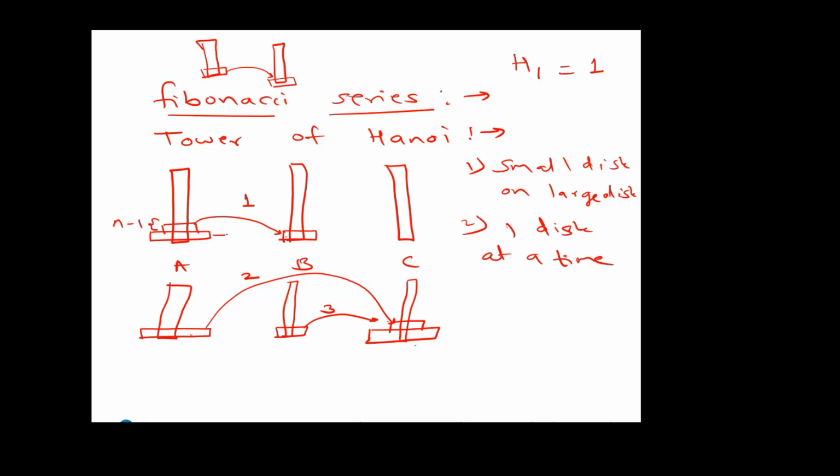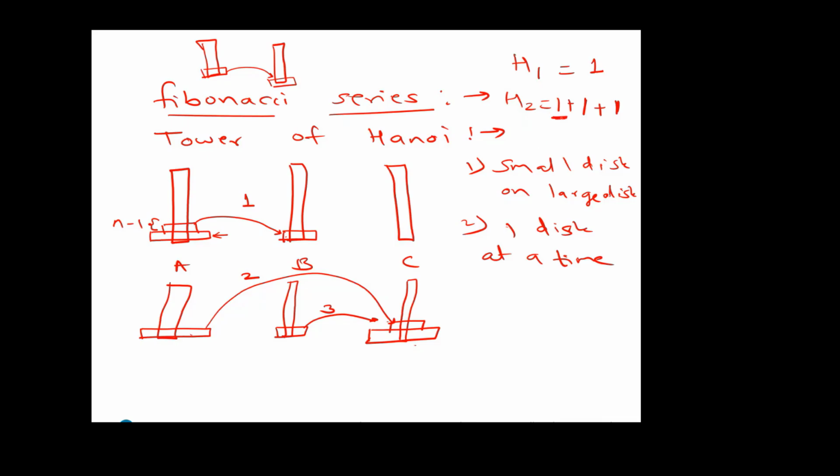Then you have to move the largest disk from A to C. And then you have to move those n-1 disks again on top of C. Meaning that if we are talking about the smallest disk, that is my n-1 disk. Once I moved it from A to B, then I moved the largest disk, then I moved the smallest disk back on C.